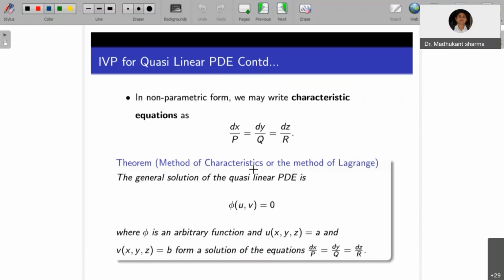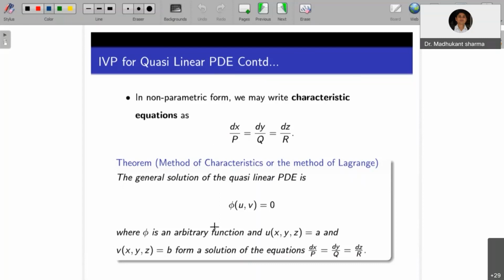So this is finally the method of characteristics, or the method of Lagrange, to find the general solution of the quasi-linear PDE. We will go to the proof maybe in the next session, but first we will try to solve the problem.